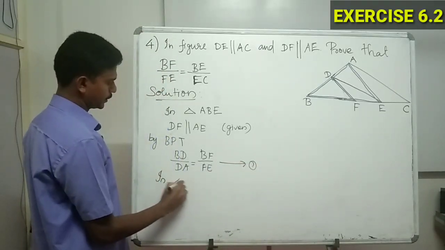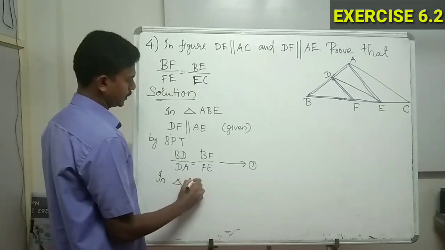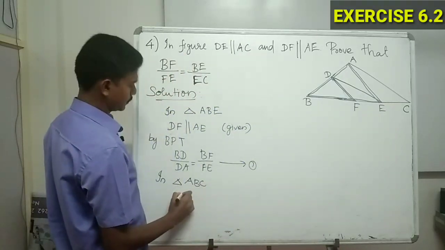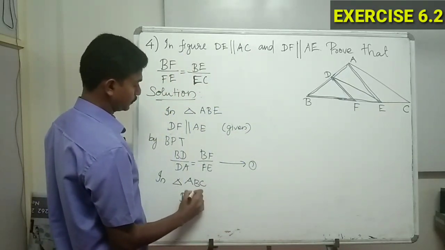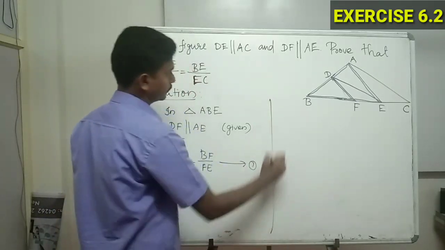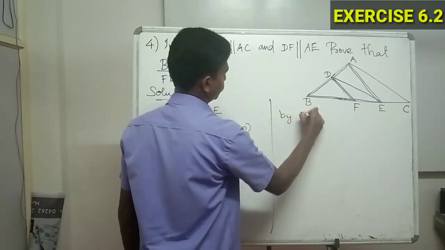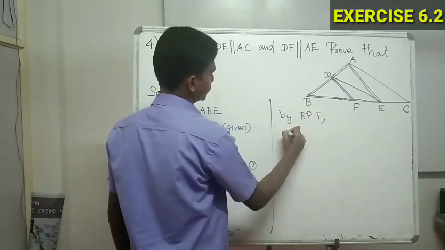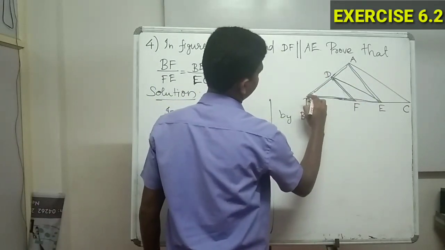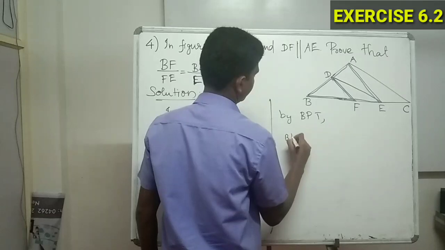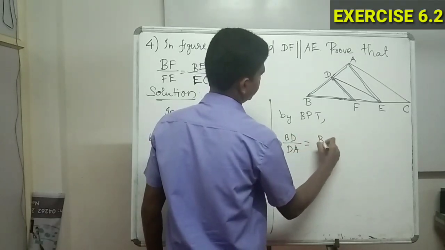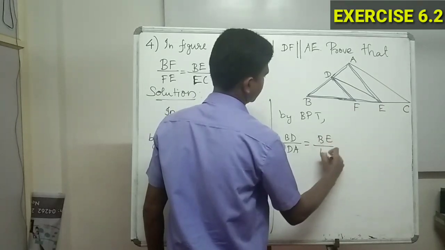In triangle ABC, this big triangle ABC, we can say as per the question DE is parallel to AC. DE is parallel to AC is given. By basic proportionality theorem, since DE is parallel to AC, we can say that BD by DA is equal to BE by EC.